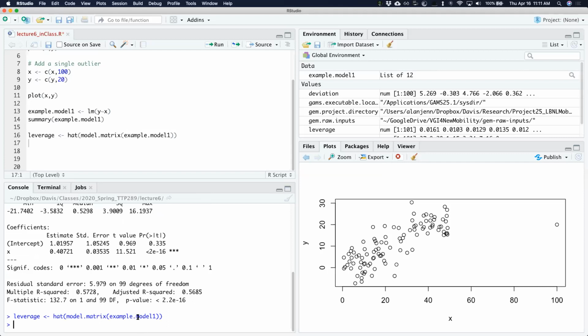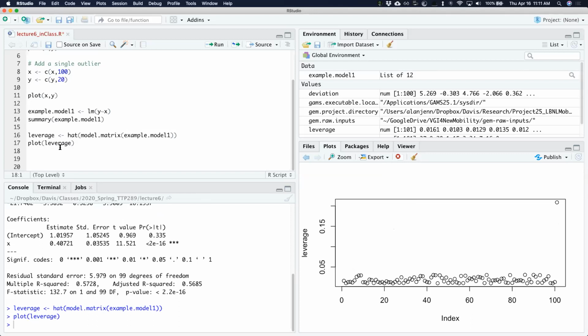Okay, and so let's take a look at what this looks like. As I mentioned before, every point in the data set is going to have some associated leverage point. Leverage is H_ii, so every point actually has a value for the leverage.